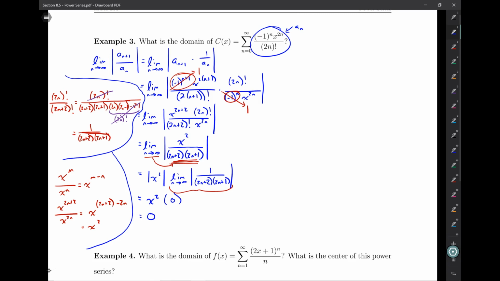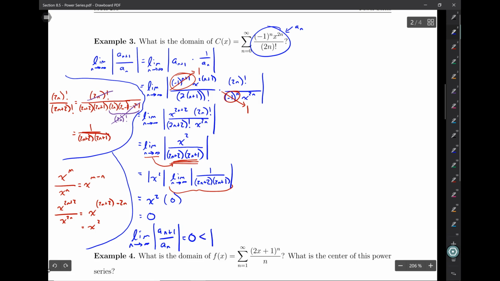So, what we've just concluded in all of this is that the limit, as n approaches infinity, of the absolute value of a sub n plus 1 over a sub n, that's 0. No matter what value of x is, we get 0. This is always less than 1.